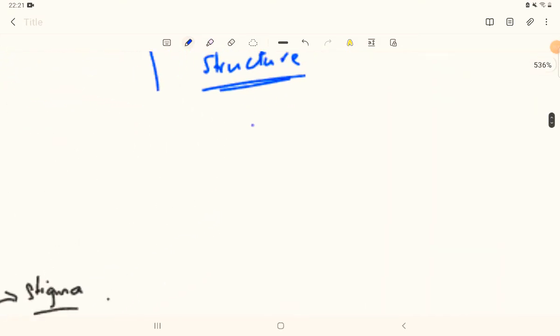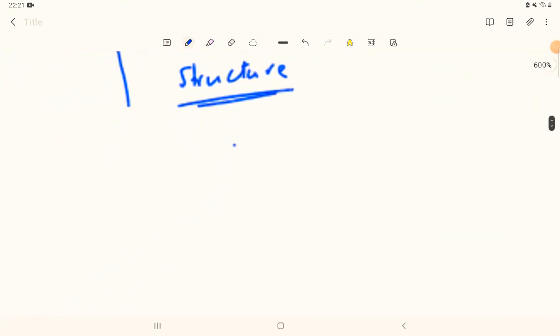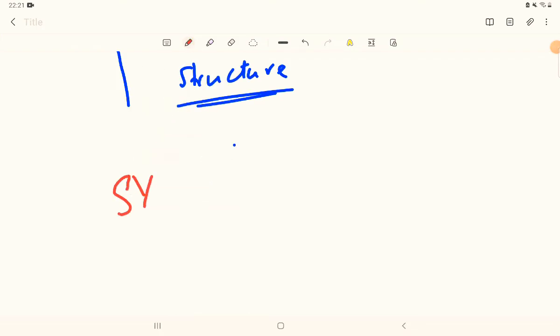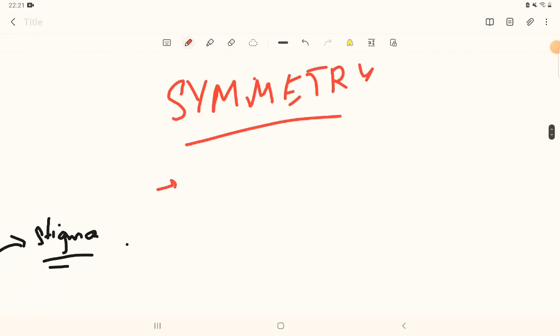Okay, fine. So these were some of the terms, and there's one more term called the symmetry of the flower. So let us discuss that also. Symmetry. The first type of symmetry is asymmetry, asymmetrical.